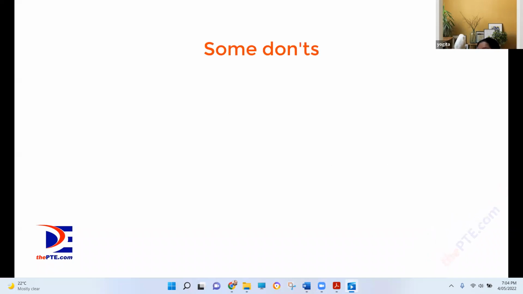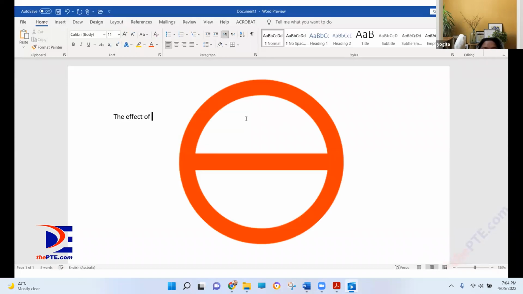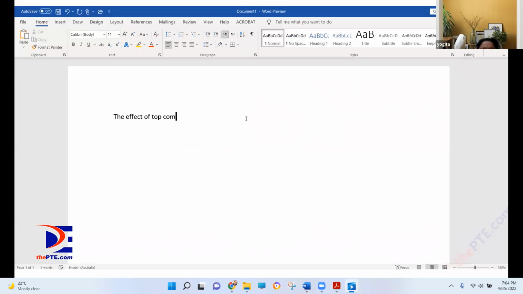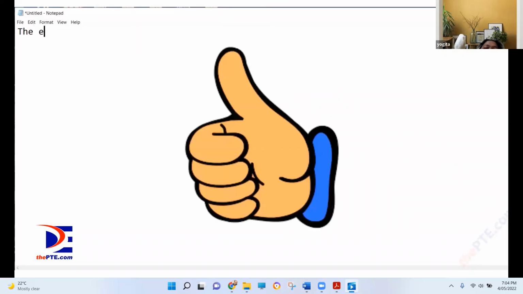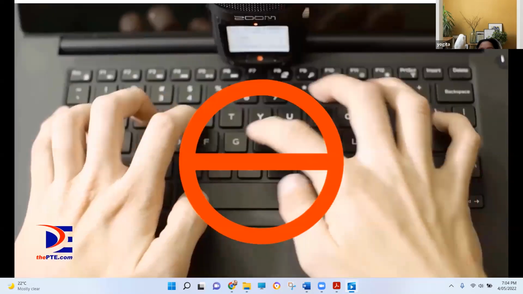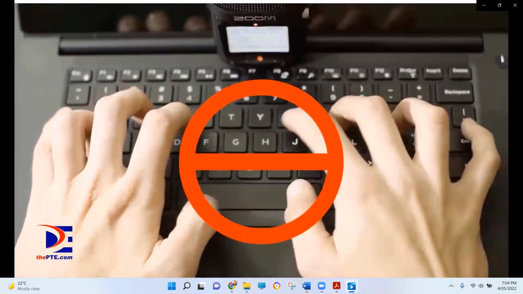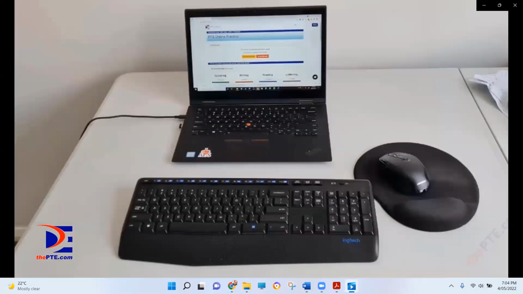Now some don'ts. Number 1. Do not practice typing in a Microsoft Word document. Type in Notepad instead. Number 2. Do not practice typing on your laptop. Connect a wired or wireless desktop keyboard to your laptop to simulate real exam condition.